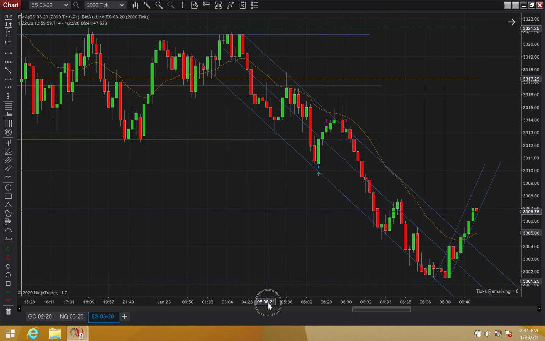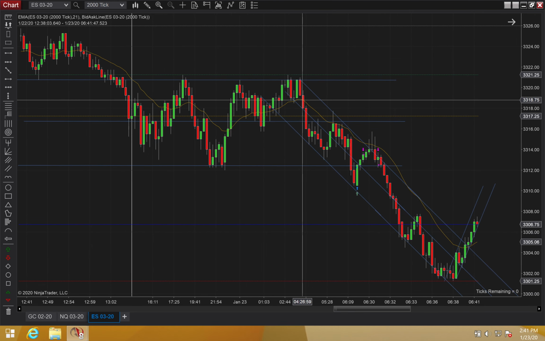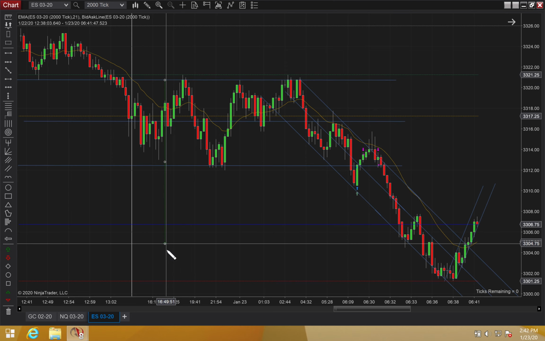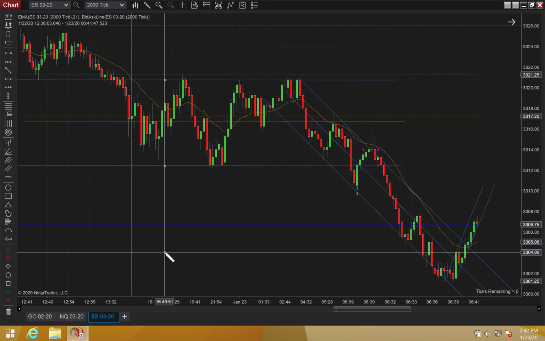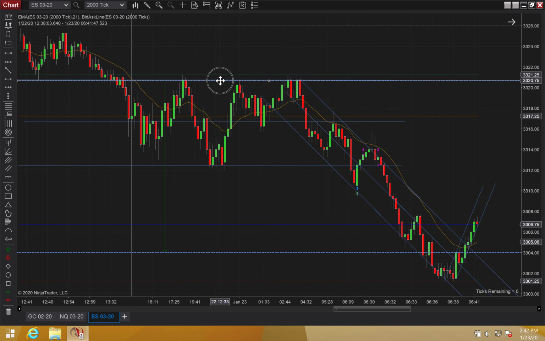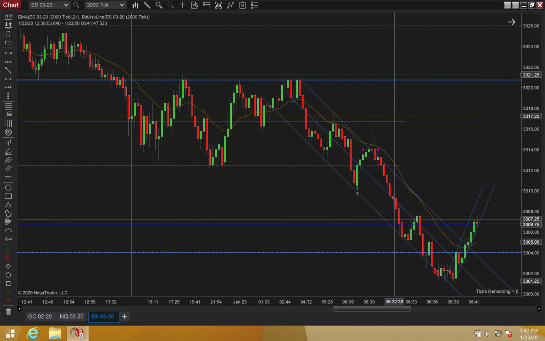And then another thing to look for actually is this was our range 1. Just as a measure, let's see if this bounces around where the second range would have been. So potentially, if we were using these kind of bigger range lines, you could have a range that's looking like that.